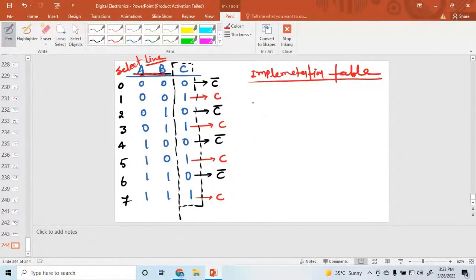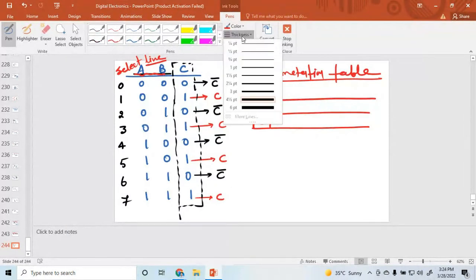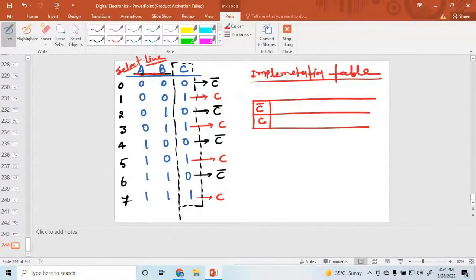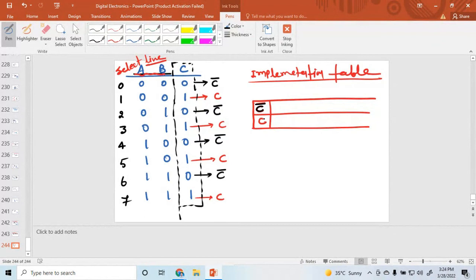In the implementation table, one row is C bar and another is C. I'm writing I0, I1, I2, and I3. These values are given.